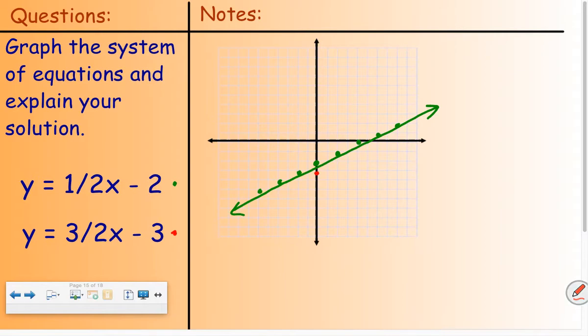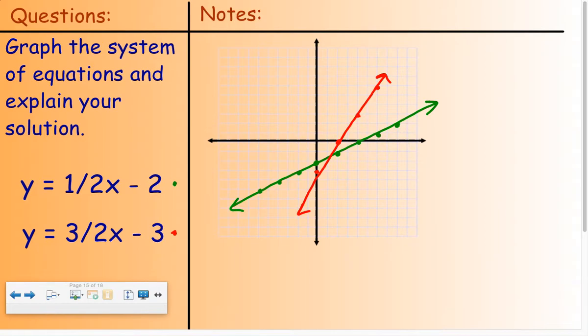I'm going to scoot my line up a little bit because our y-intercepts are very close to each other. So rise 3, run 2, rise 3, run 2, rise 3, run 2. So these two intersect.